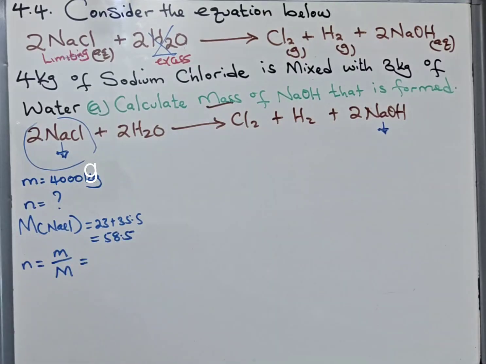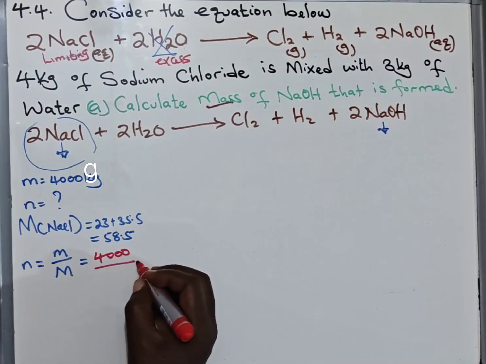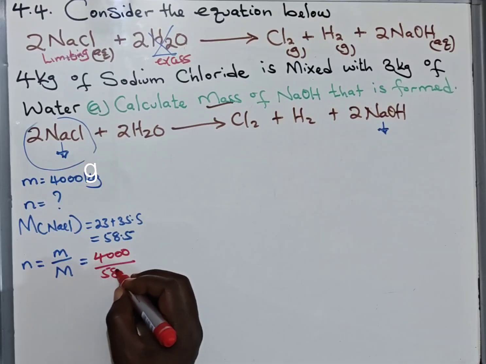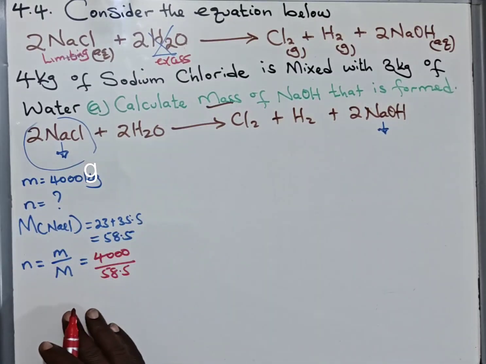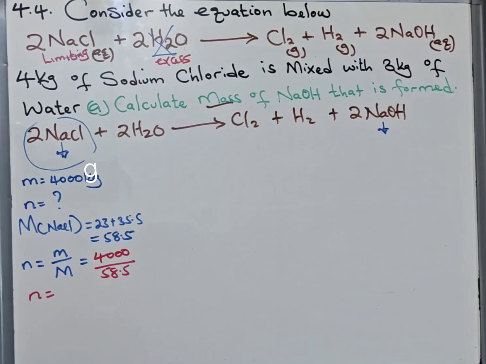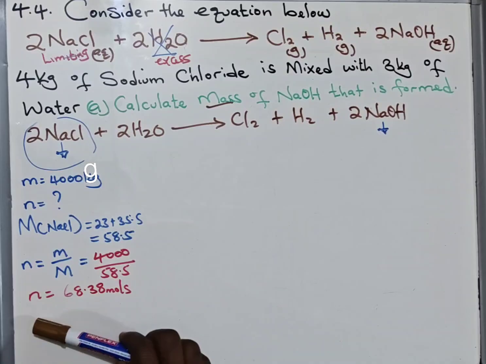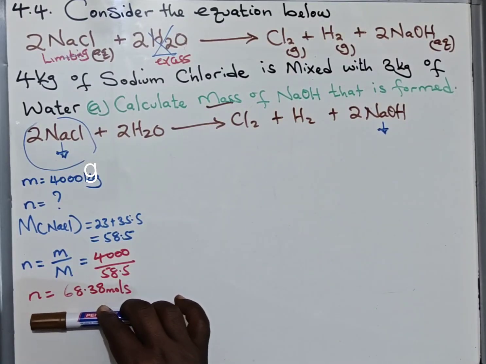When we substitute, the mass is known, 4,000 grams, and the molar mass is 58.5. You have to remember that we did this step already. So in other words, we know our n. So we have it here.